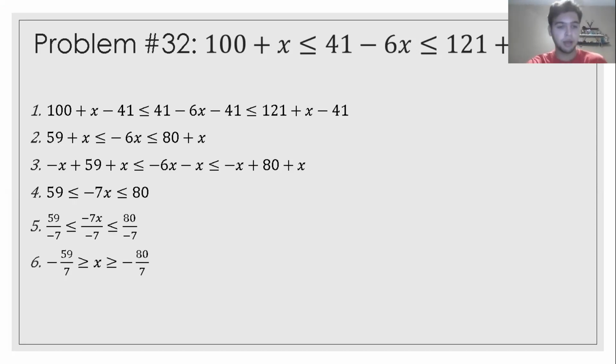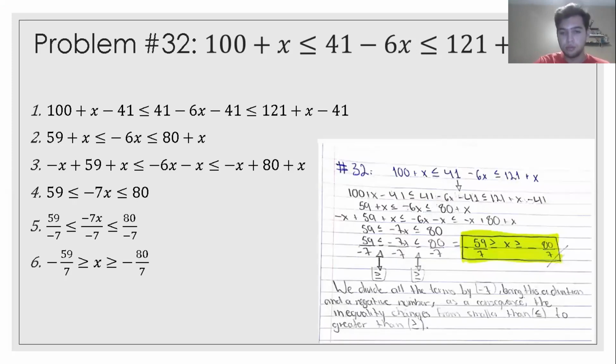It resulted in minus 59 divided by 7, and in the middle, x, greater than or equal to minus 80 divided by 7. In the notes at the bottom it says that we divided all the terms by minus 7.